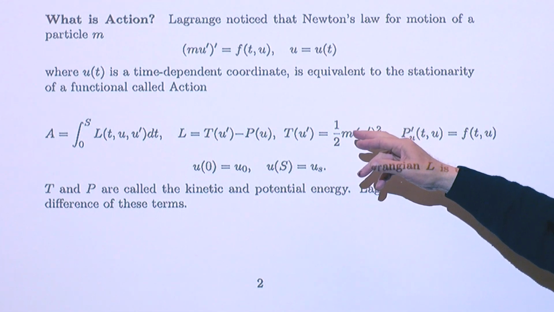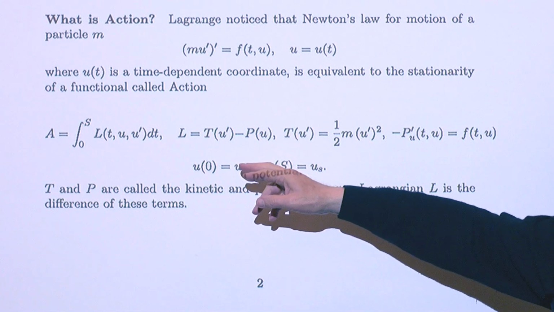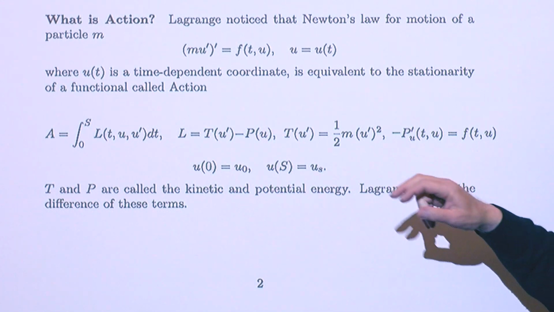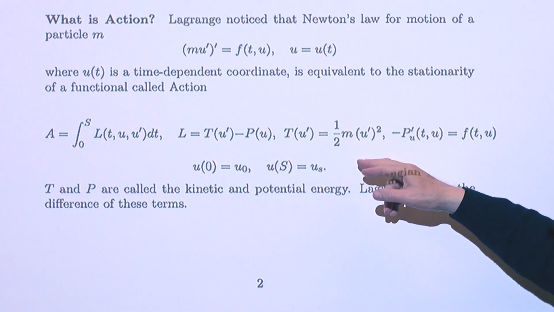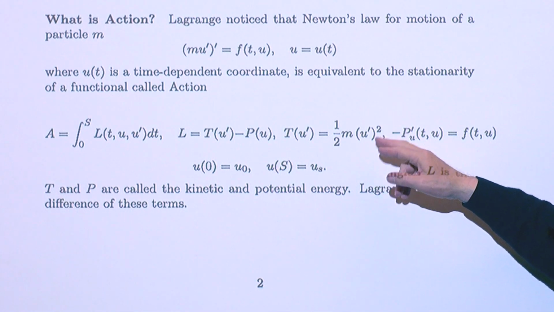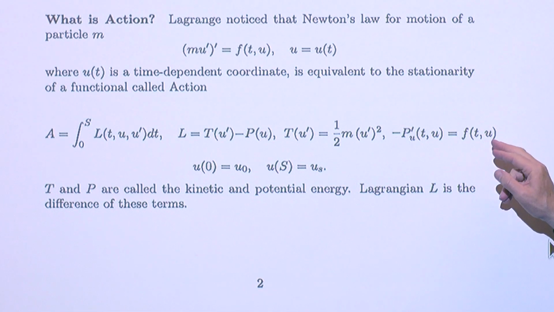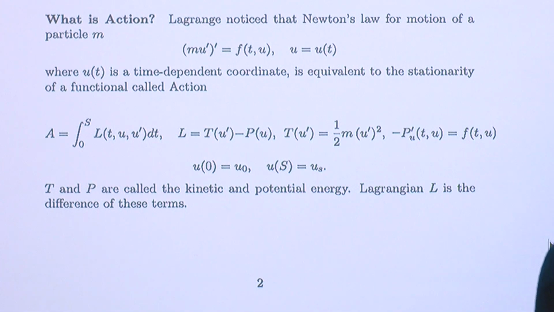And the integrand is nothing but the difference between kinetic energy and potential energy. Kinetic energy is, as we know, half m multiplied by the square of the derivative, and potential energy is the antiderivative of the force F. So if we substitute these expressions into the Euler-Lagrange equation, we get the right equation of motion.